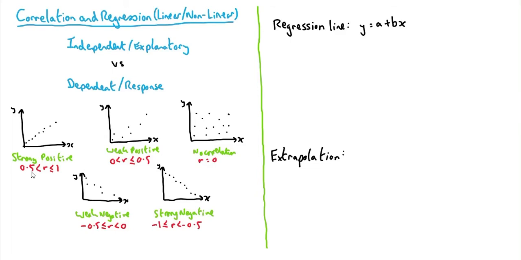Now beneath each of these labellings I've also put these inequalities in red. In each case, this R is referring to the correlation coefficient, basically a numerical way of quantifying the strength of that correlation. This could be used in the event that the question doesn't give you any of the actual data points or the scatter diagram to work from.